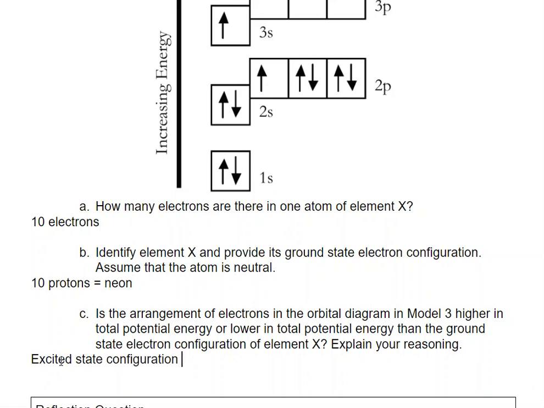And we know that because one of these 2p electrons has been promoted to the 3s energy level. So because this has been promoted up an energy level, this total amount of energy is higher than what it would be in the ground state.